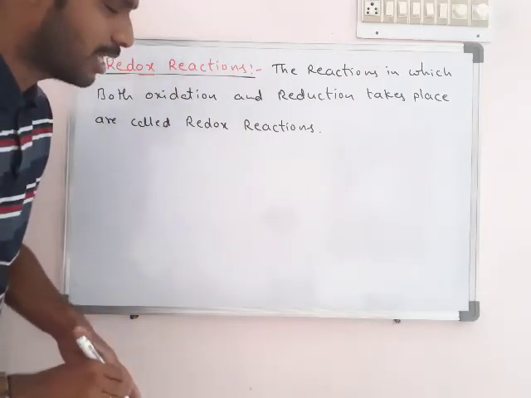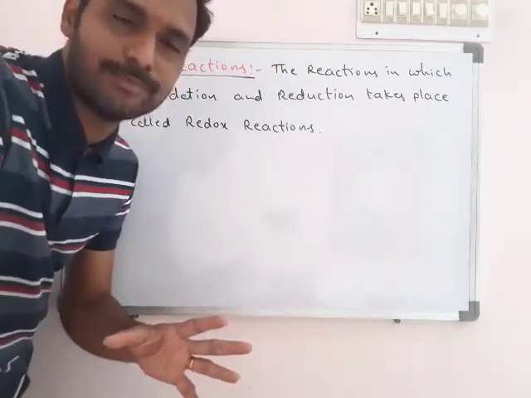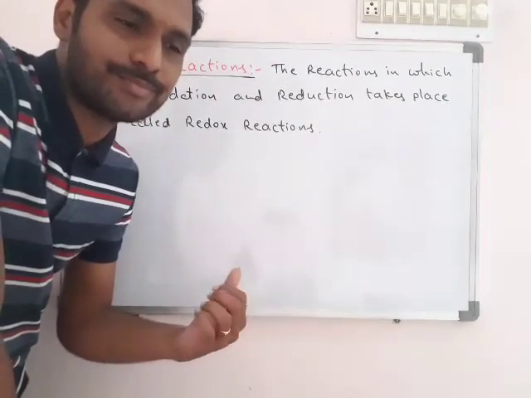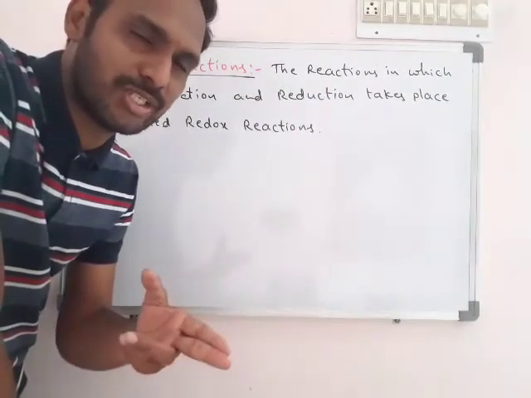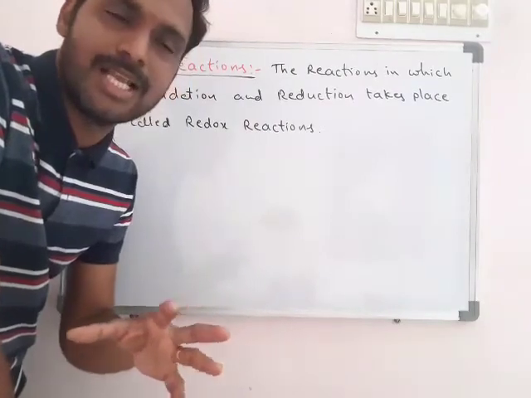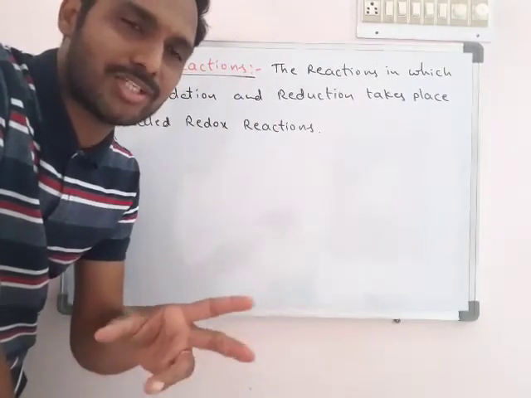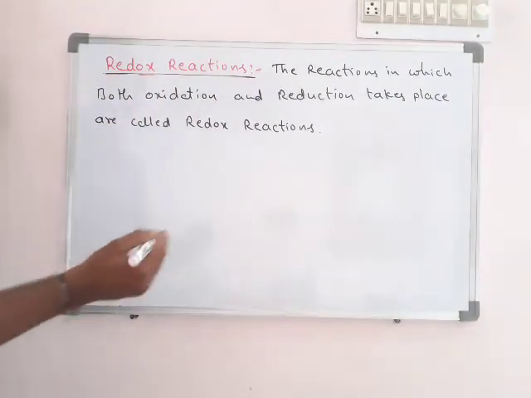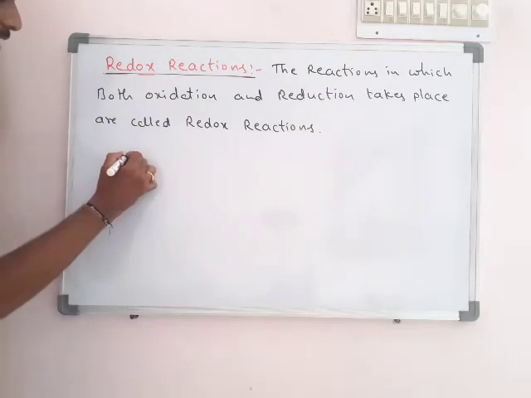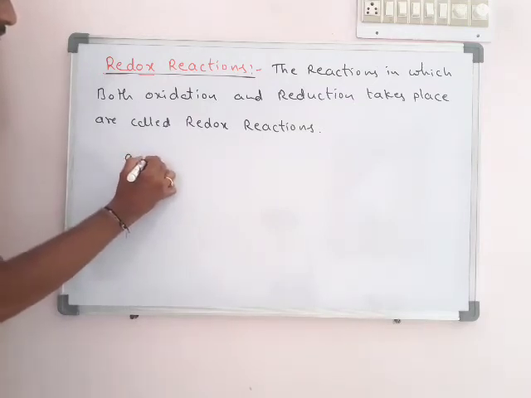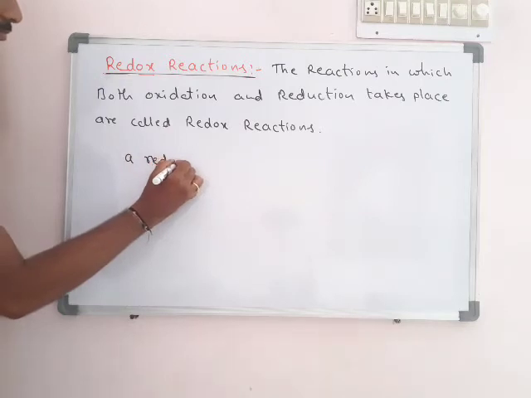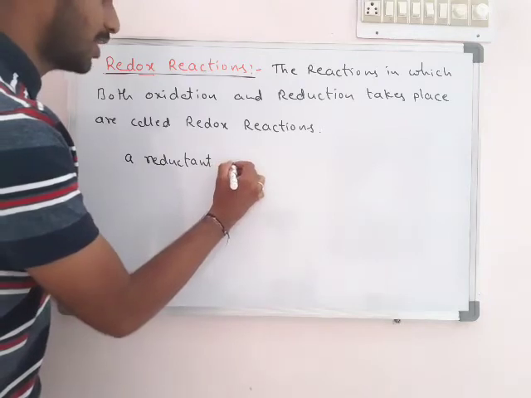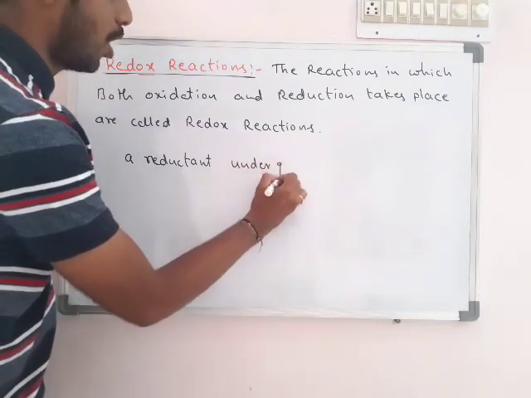Generally we know that oxidation and reduction take place simultaneously in the reaction. Just now we saw that example, where oxidation takes place and reduction takes place. In maximum reactions, oxidation and reduction take place simultaneously. And we can conclude that a reductant generally undergoes oxidation.